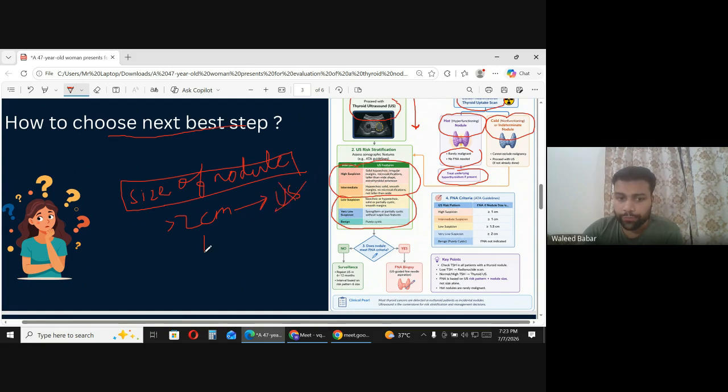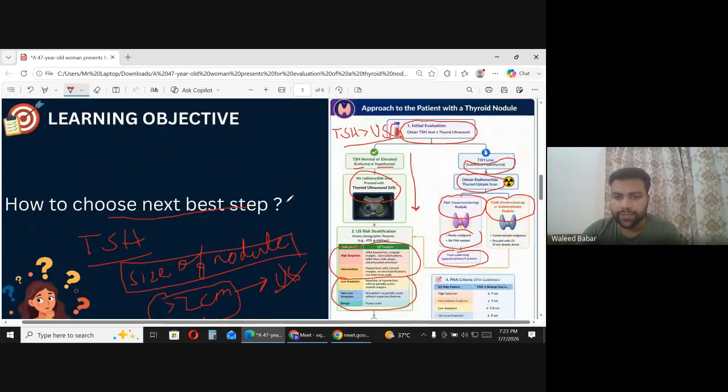They directly move towards FNA, which is wrong. First, whatever the size of lesion is, first we are going to get TSH level, and next step, if the TSH is normal or high, we are going to perform ultrasound first. Always ultrasound before FNA.